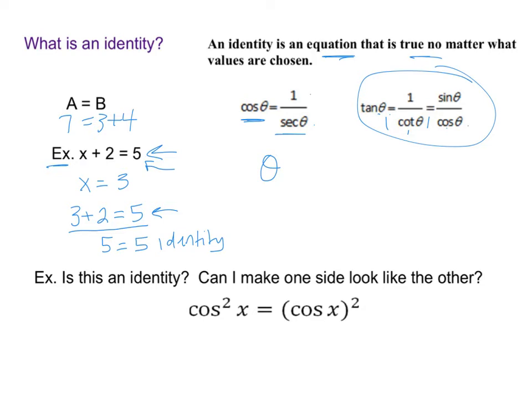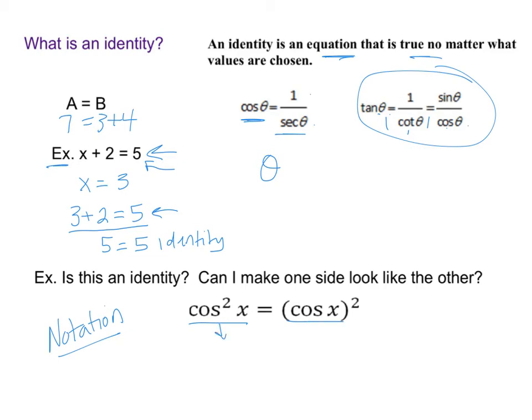So is this an identity? Now, this is a notation question. And if you'll notice, I talk a lot about notation because, remember, math is a language. And if you don't know what the notation is saying, there's no way you can unpack the problem. And so what we know from trig is that writing cosine squared x and then cosine x quantity squared are the same thing, right?